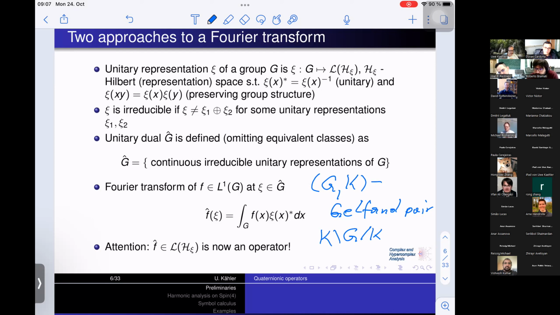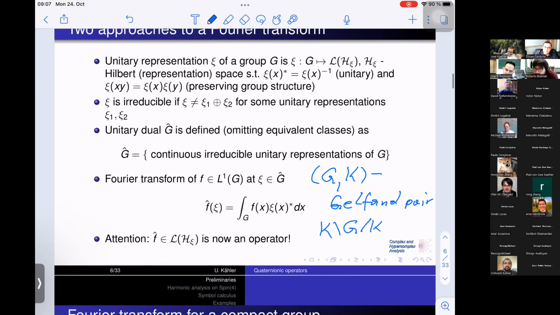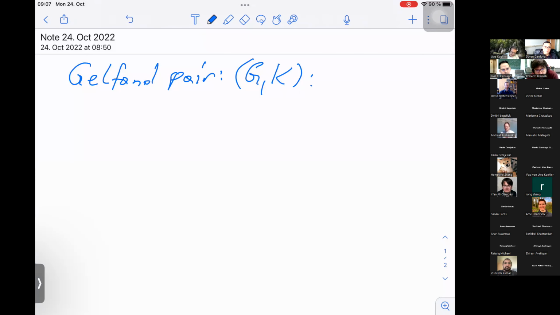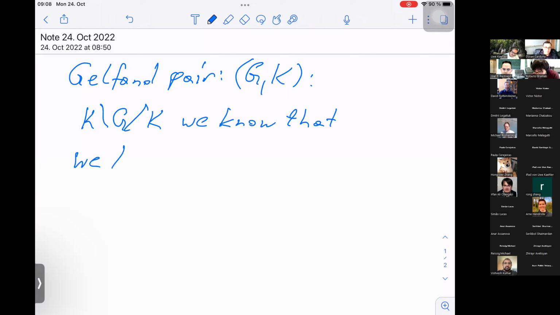And that basically means immediately, if you keep in mind that, okay, let me switch to the other side. No, not this one, that I can write a little bit. G/K, if you factorize out K from one side and from the other side, then of course we know that we have the Cartan decomposition.